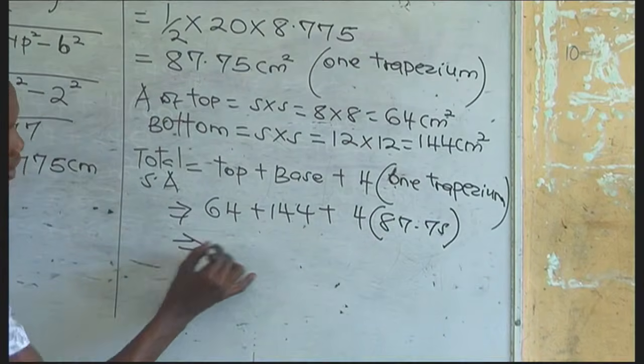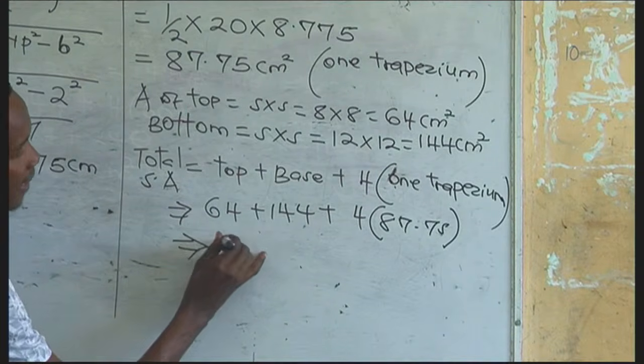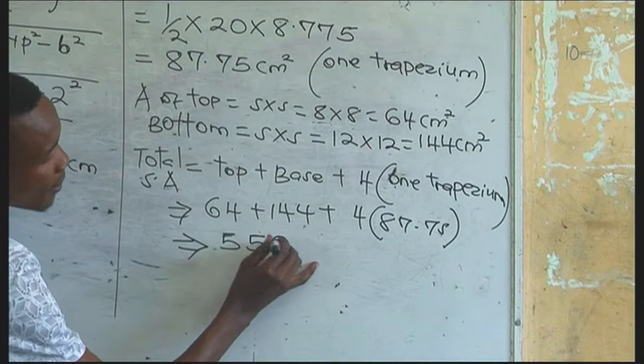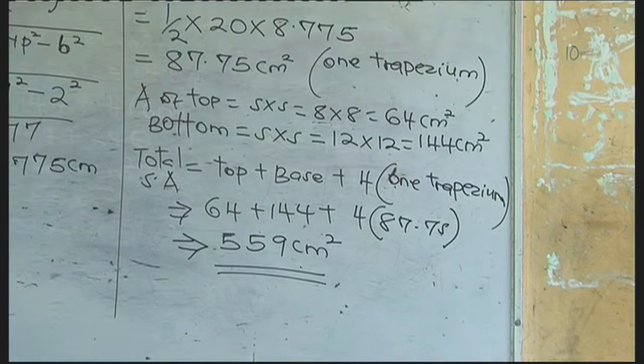When you work out all the values, they'll give you 559 square centimeters. And by doing so, that is our total surface area of that frustrum of a square-based pyramid.